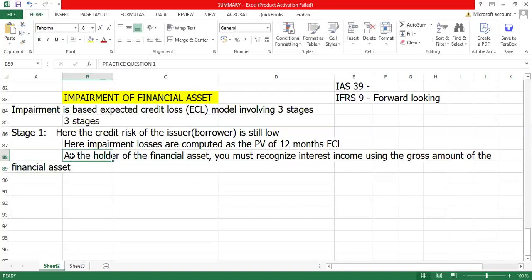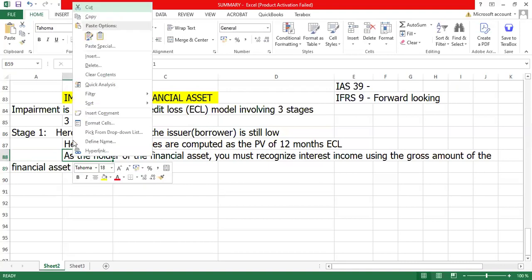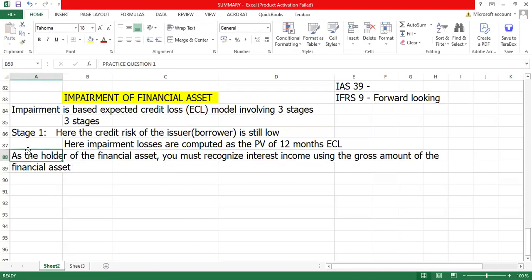As you recognize your financial asset in your books, you must base it on the gross amount. This is what you can write about stage one.